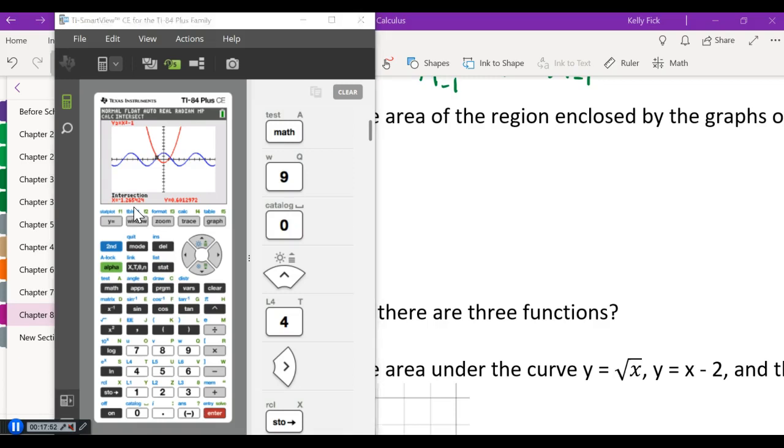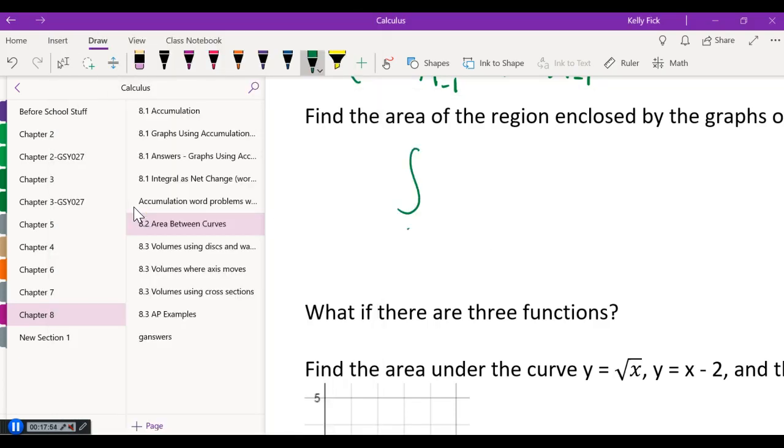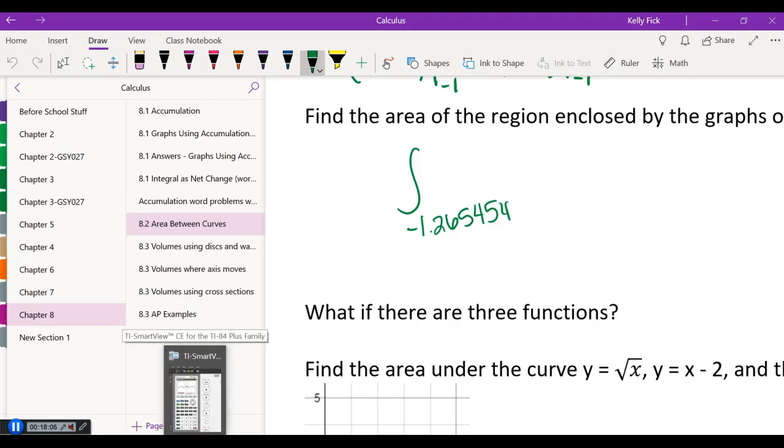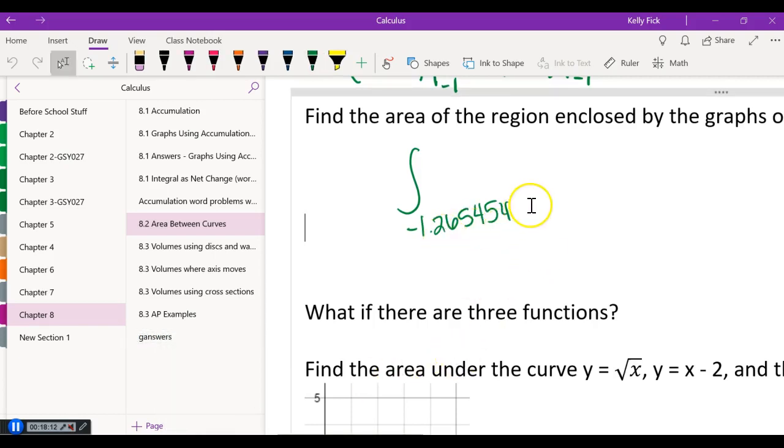Nope, we're going to use all of them. So we're going to do integral of negative 1.26542. Yep. What did you get? Yep. So go out as far as you can because it'll make your final answers accurate.